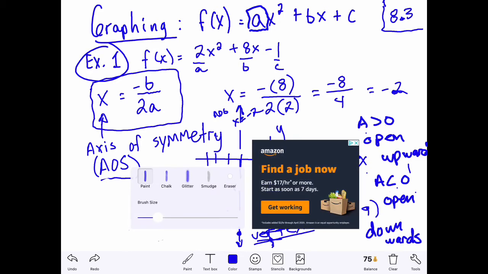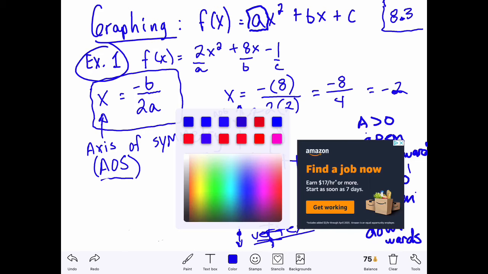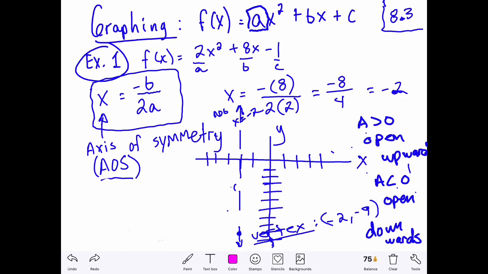Okay. Then what I can do is I can essentially make a table if I want to get any more specifics on it. But if I don't, I can just draw my shape. Well, I know it opens up like so. And if I did make a table and needed to get more specifics, well, I'd want to pick values on either side of what?